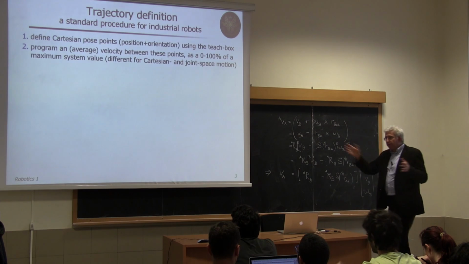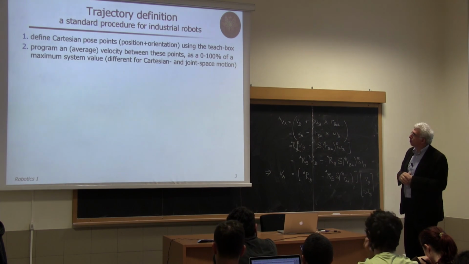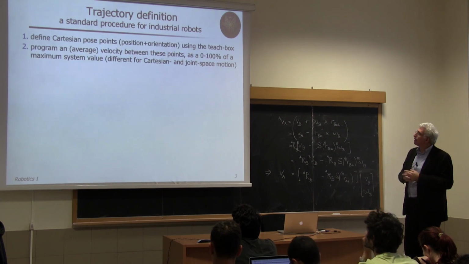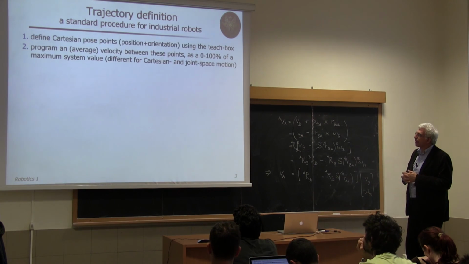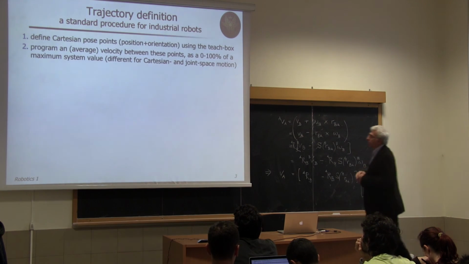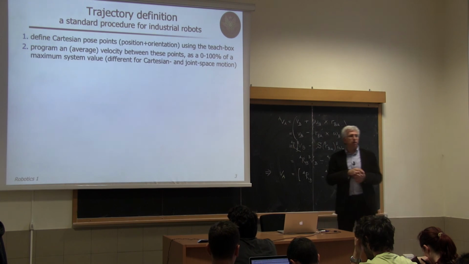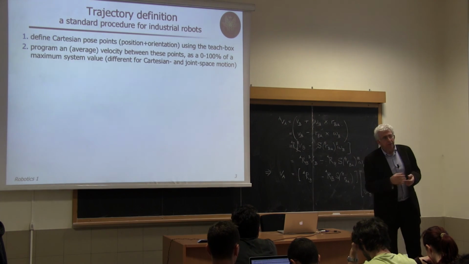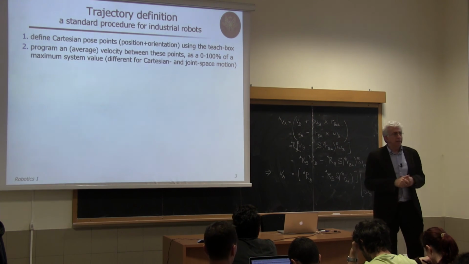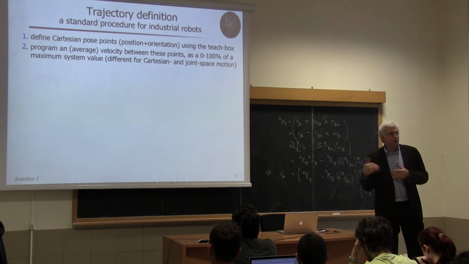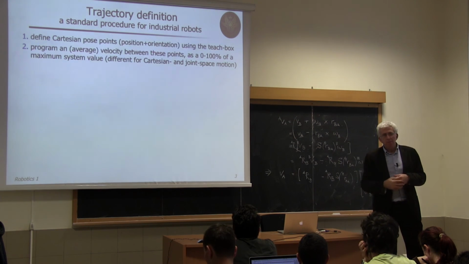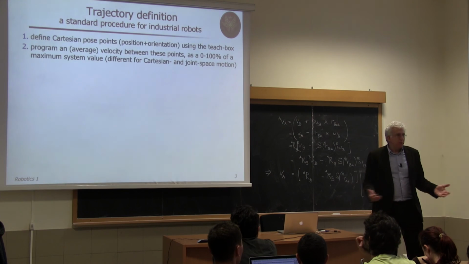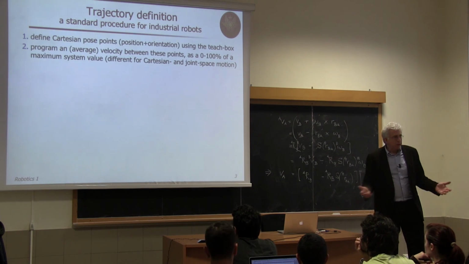And then once I've learned a sequence of such poses and/or joint space configurations, I can program some velocity for moving from one to the other. And I can decide whether to go straight in a Cartesian path or in the joint space, at maximum speed or medium speed or very slow.